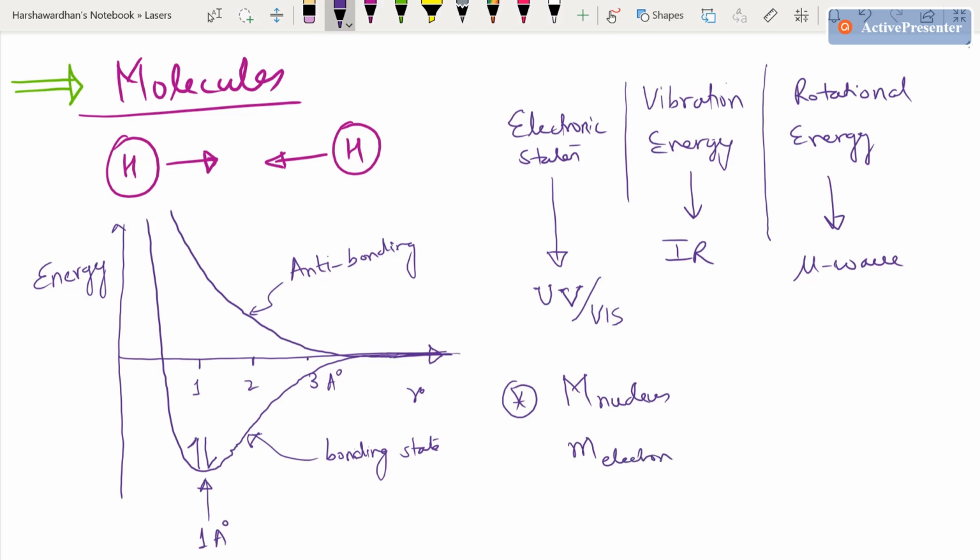So the nucleus, in the simplest scenario, is much, much larger than the mass of the electron, and the governing force is Coulomb. It is this distinct difference in the masses of these two entities that creates this variety, or the whole spectrum of energy scales that one talks about.